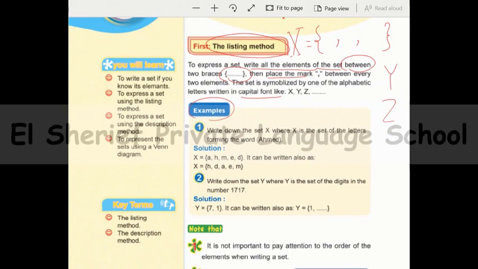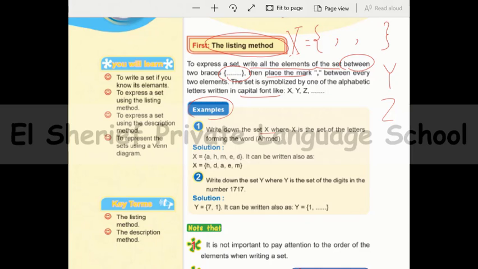Example number 1: write down the set X, where X is the set of the letters forming the word Ahmad. So all the elements in Ahmad are A, H, M, E, D, and we can change the order; it is not important. So we put A, H, M between braces, and we put a comma between each two elements.